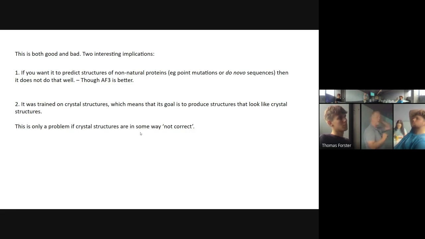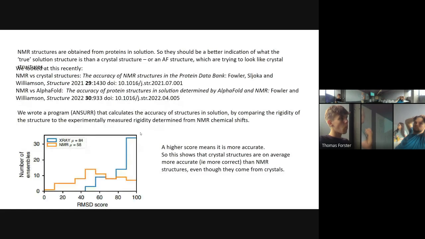It matters if the crystal structure is wrong. So an interesting question, which has been quite a hard question to answer actually, is: are crystal structures actually not quite right because they're in a crystal? Does being in a crystal distort the structure in a way that matters? So I've got a couple of slides thinking about that.